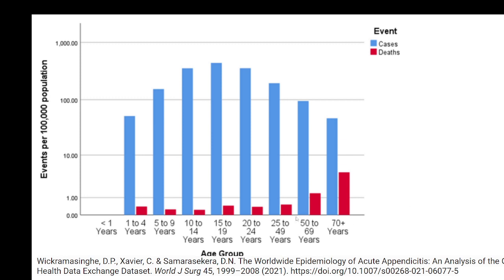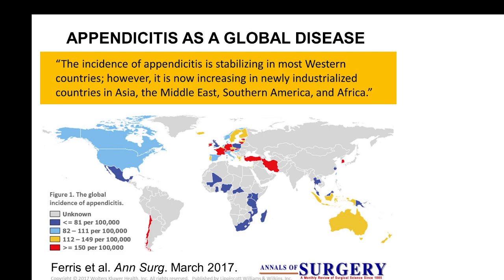Usually in the very young age, between 15 and 25, is the maximum number of patients presenting with appendicitis. Of course, fatal complications, deaths due to appendicitis, are very rare, but the complications increase as the patient goes into the later half of life. In the older age, the complications are more.